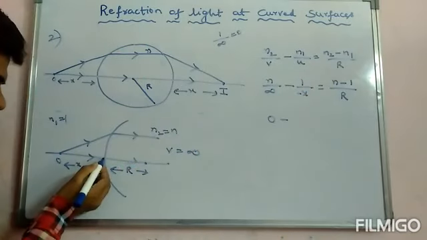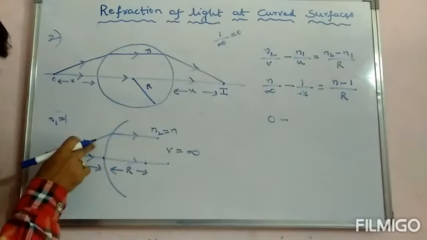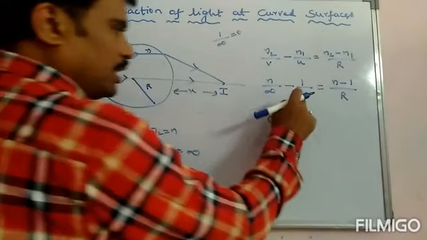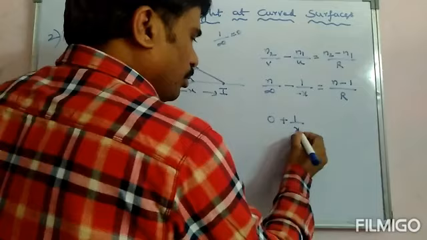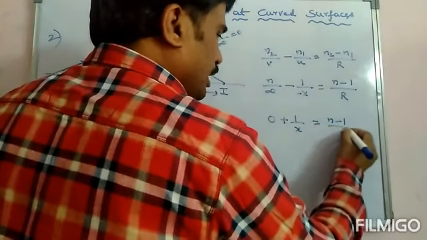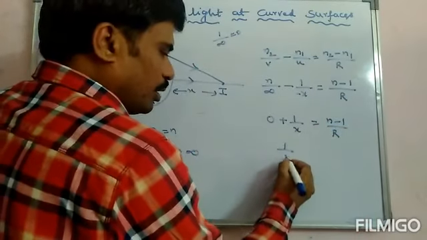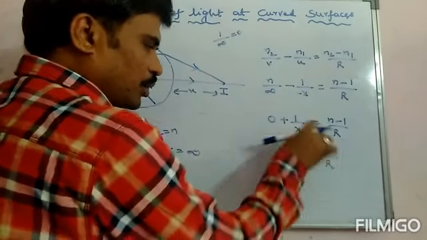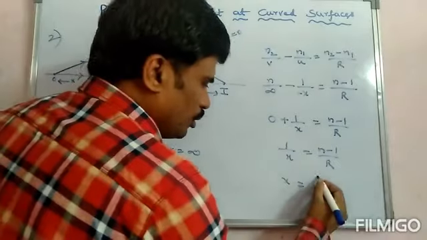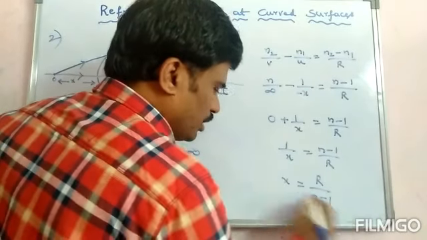The reason is we are measuring in the direction opposite to the incident ray, hence minus x. So minus of minus becomes plus 1 by x equals n minus 1 by r. So you got 1 by x equals n minus 1 by r. If you reciprocate, what you will get? x equals r by n minus 1.